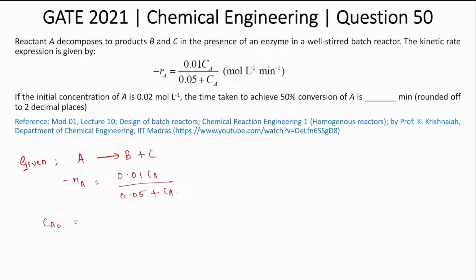The initial concentration of A, Ca0, is given as 0.02 mole per liter. And the required conversion that we want to achieve, Xa, is equal to 0.5 or 50%. And we need to find the time required for the batch reactor to achieve this conversion of 50%.